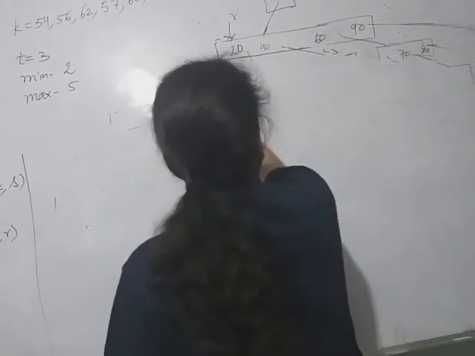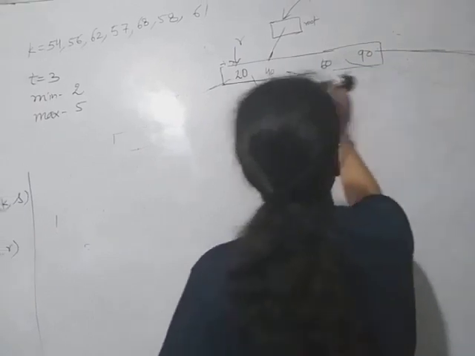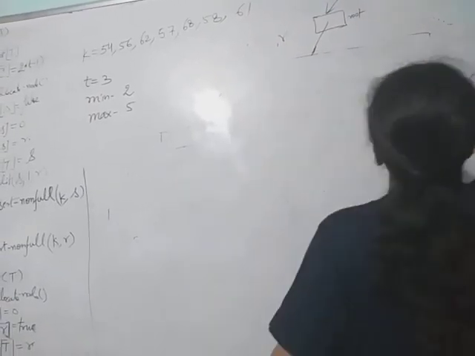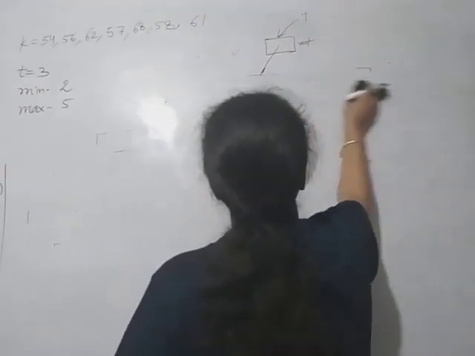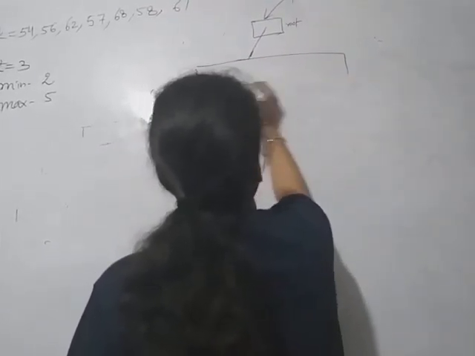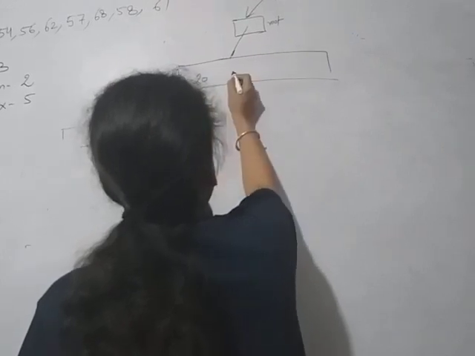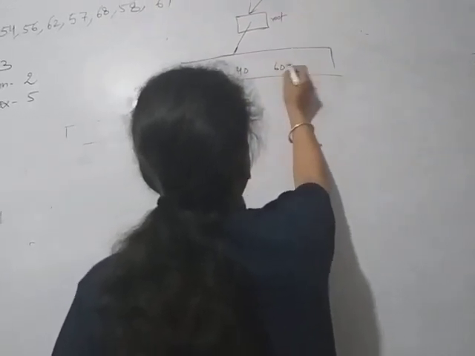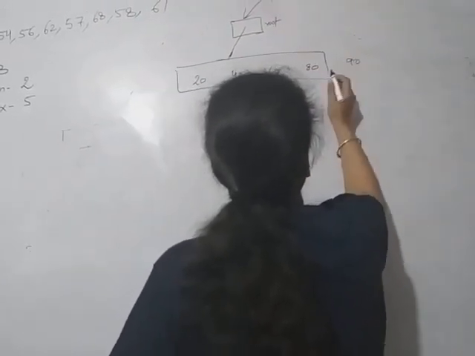Suppose at any particular time this is the case: the root is 20, 40, 60, 80 and 90.